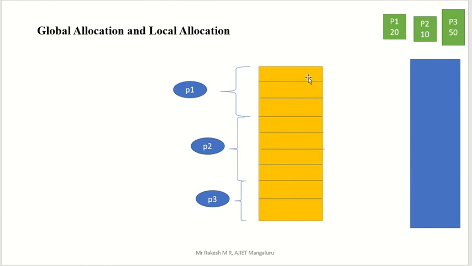Out of 20, we can load only 3 pages of P1. Four frames are allocated to P2, so out of 10 we can load 4 pages. And 2 frames are allocated to P3, so out of 50 only 2 pages can be loaded.